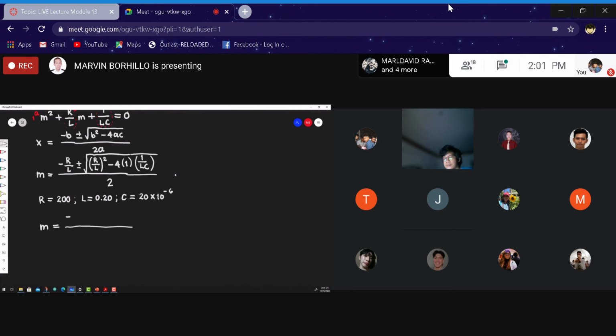First part is R over L: 200 divided by 0.20, plus or minus the square root of 200 over 0.20 squared minus 4 times 1, 0.20 times 20 times 10 to the negative 6.